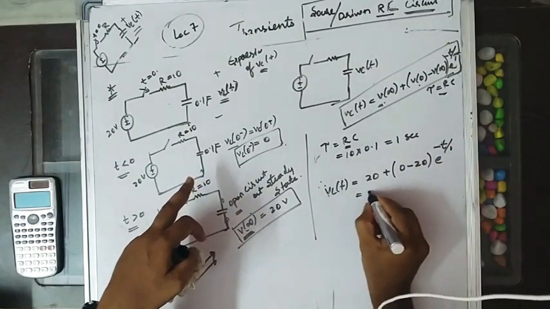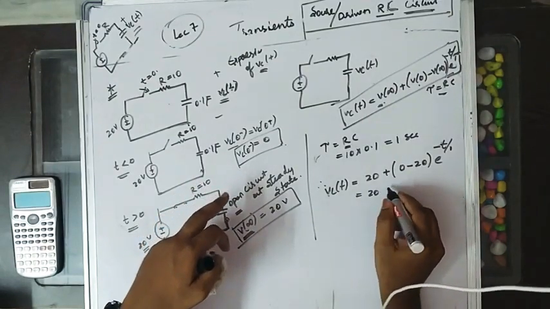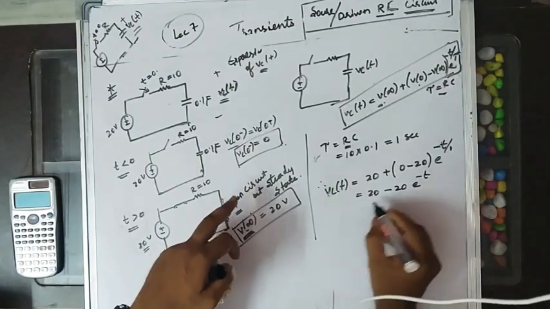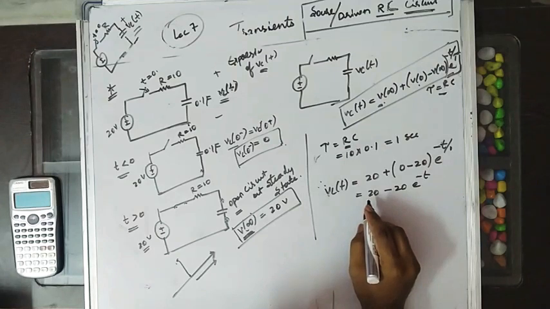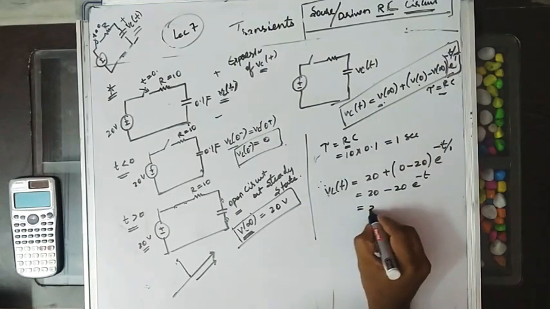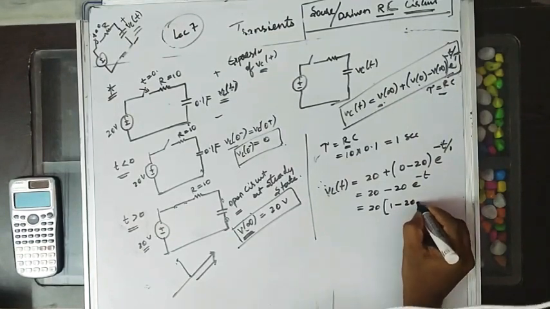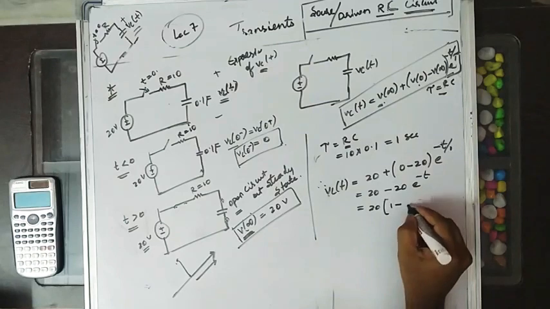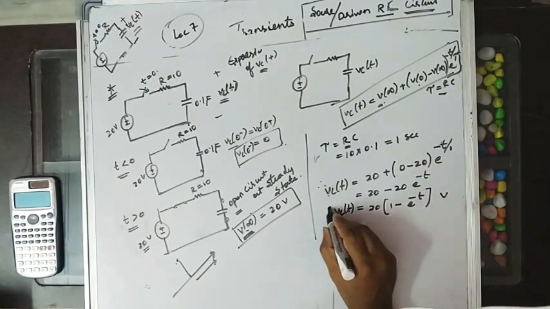So this will become 20 minus 20 e power minus t. Taking 20 common, 20 into 1 minus e power minus t volts. This is the voltage expression of Vc of t.